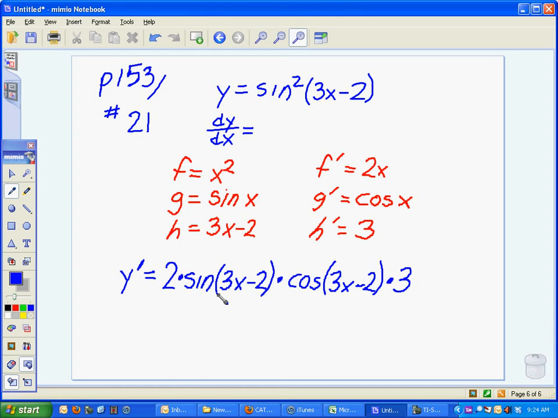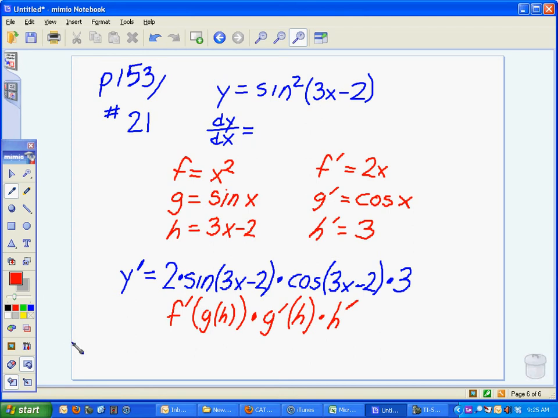And there's our answer. 2 times the sine of 3x minus 2 times the cosine of 3x minus 2 times 3. This was f prime of g of h times g prime of h times h prime.